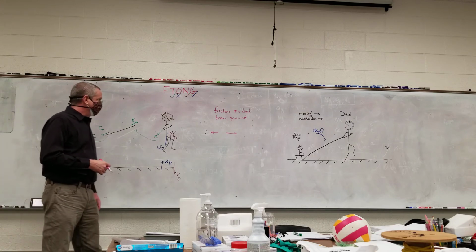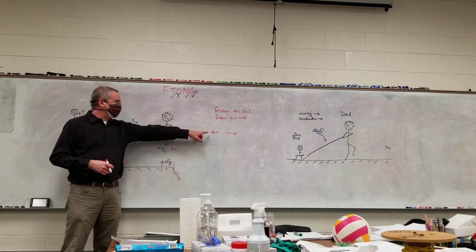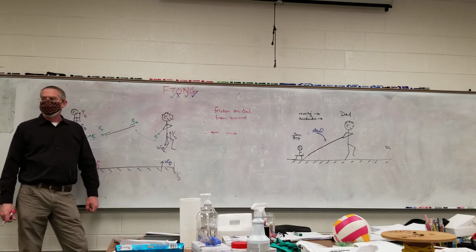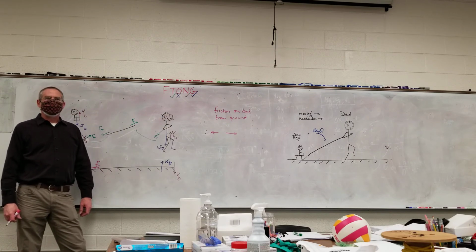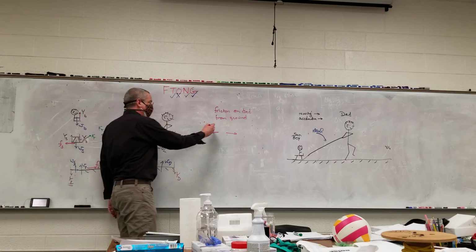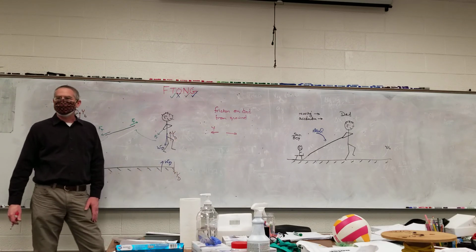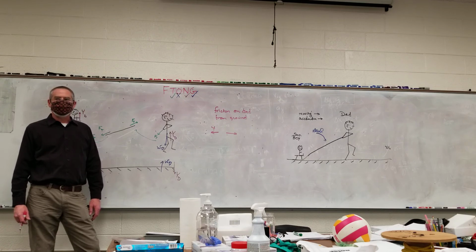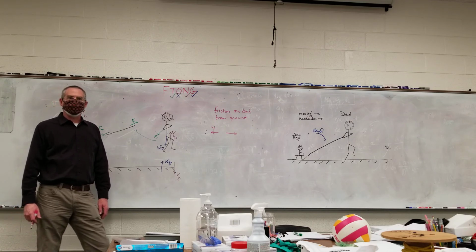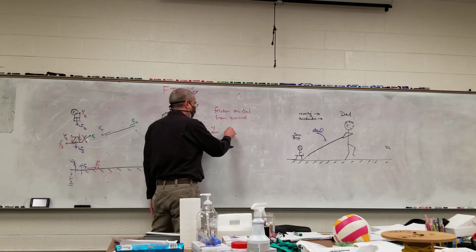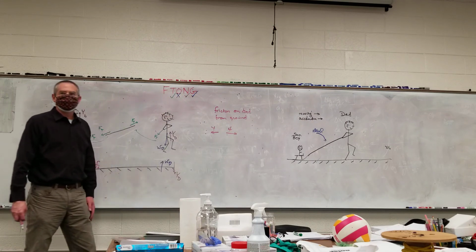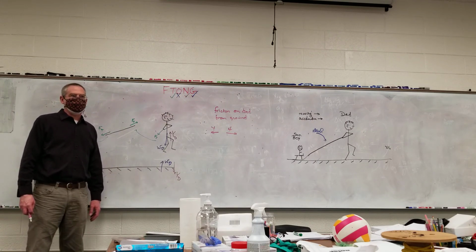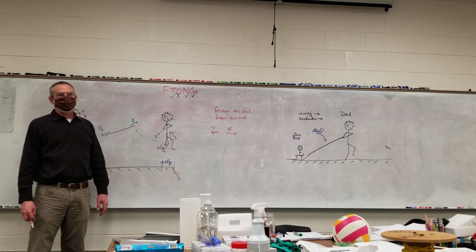All right, let's move from left to right. Who says that the friction acting on the dad is to the left? Looks like we have 4. Who says it's going to the right? Looks like we were at 4. You're the tiebreaker. Or there's somebody whose hand I missed.